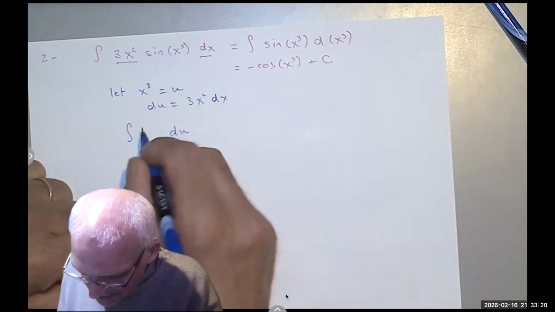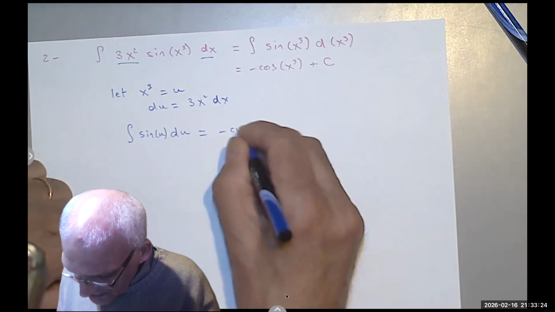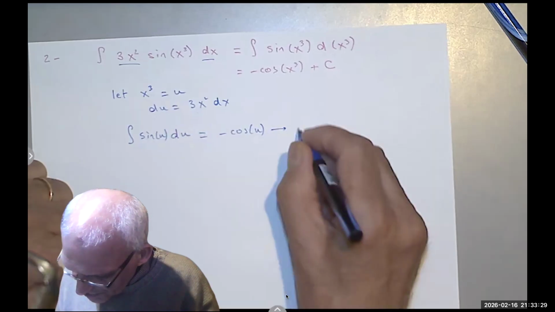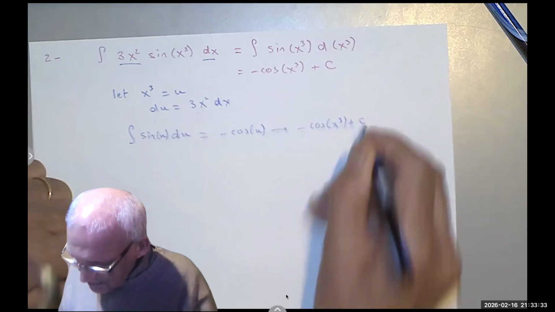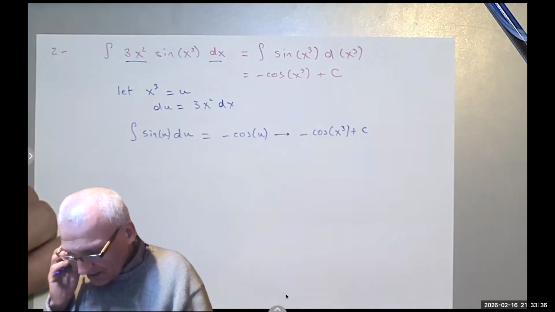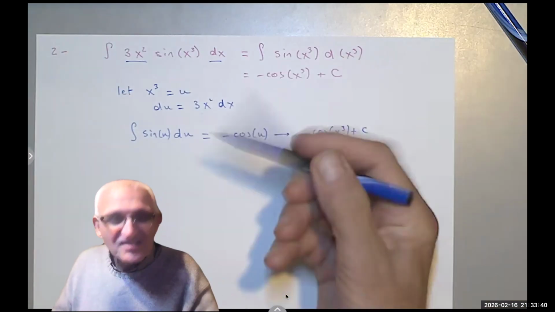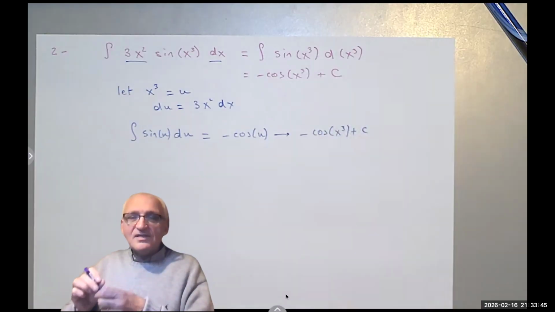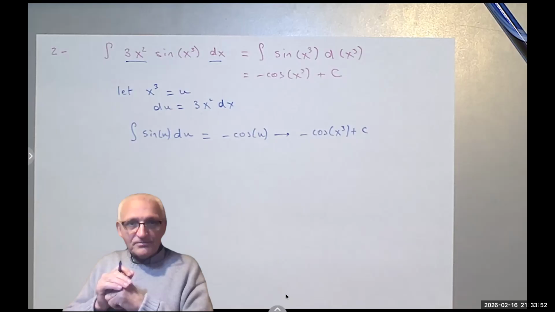Sine x cubed is sine u. So the integral of sine is negative cosine u, but u is x cubed, so negative cosine x cubed plus a constant. Oh, it's the same thing. Yes, of course, that's what I told you. It's not saving a lot of time, but it gives you sometimes valuable seconds, if not more, depending on the problem.